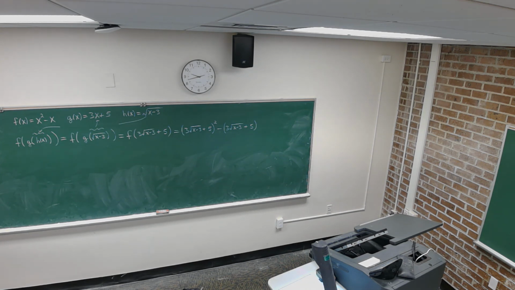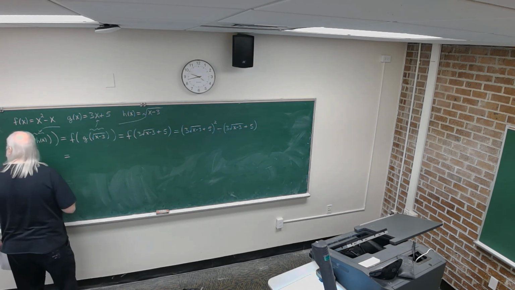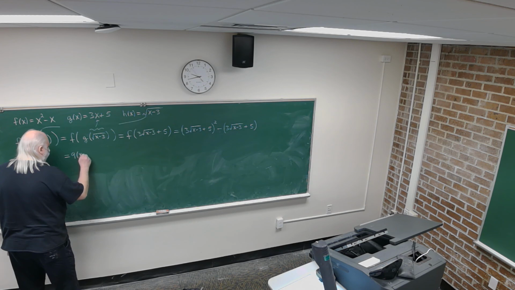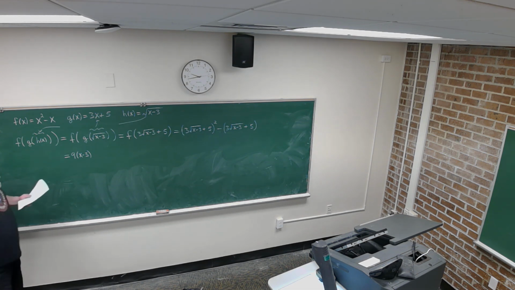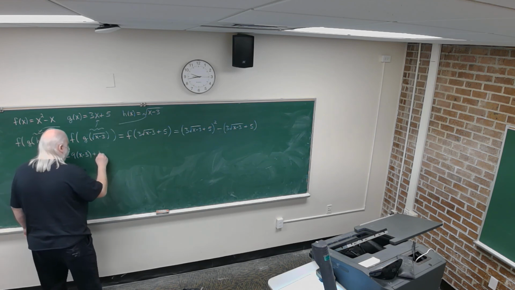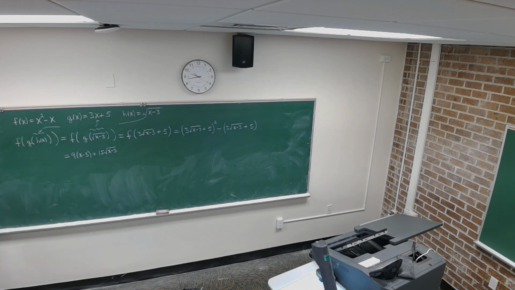And the square root of x minus 3 times the square root of x minus 3 is just x minus 3. Right? So when we multiply first terms, we have 9 times x minus 3. When we multiply outer terms, we have 5 times 3 times the square root of x minus 3. 5 times 3 is 15, so we have 15 times the square root of x minus 3. Right, that's the outer terms multiplied.